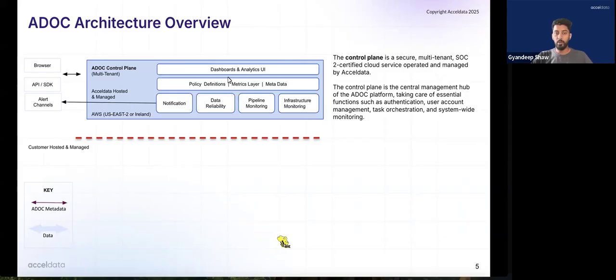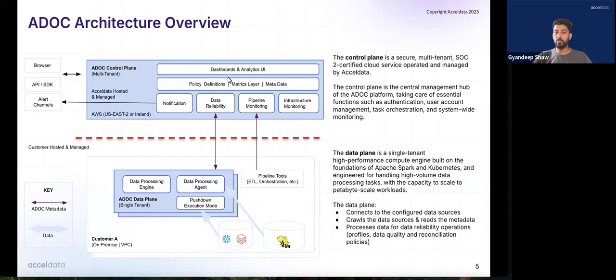This part of the product, the control plane, is completely hosted and managed by Accelerator, whereas the second part of the product, the data plane, also gets installed into a Kubernetes cluster, but resides in the customer environment and is completely hosted and managed by the customer.